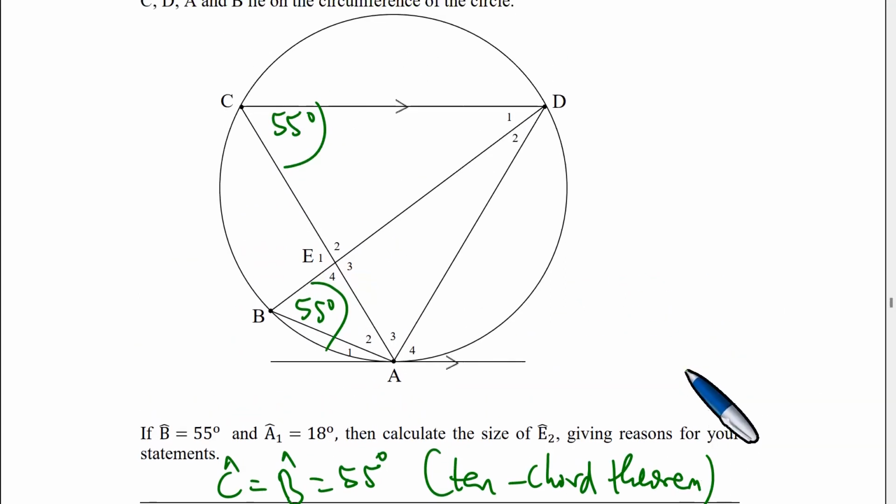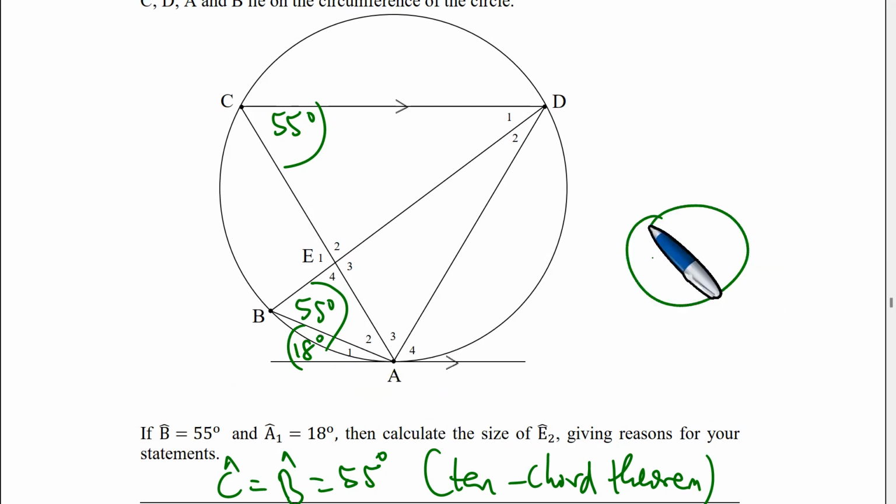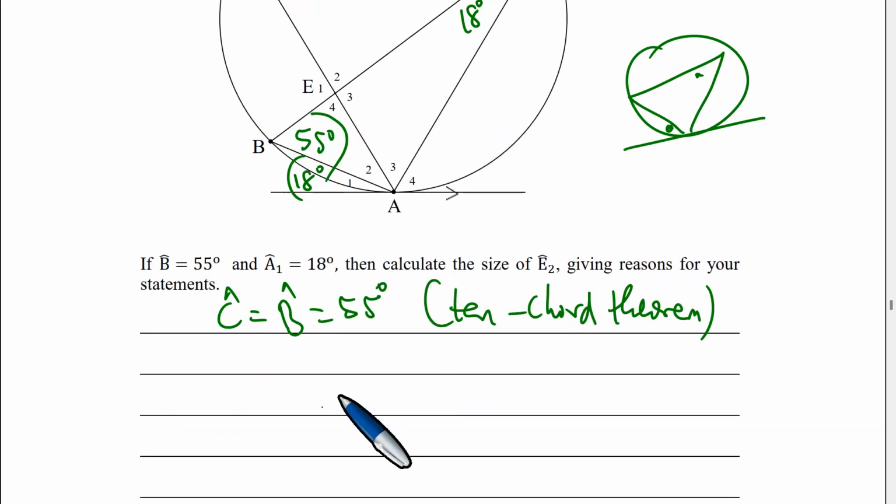So angle D2 is actually equal to 18 degrees because we know that A1 is 18 degrees. By the tan-chord theorem, this angle is equal to 18 degrees, which means that angle D2 is equal to 18 degrees.